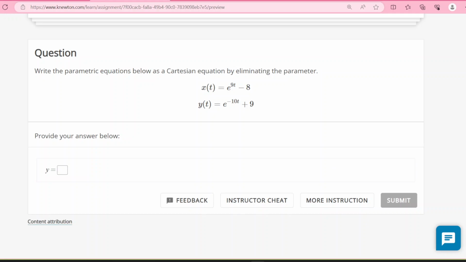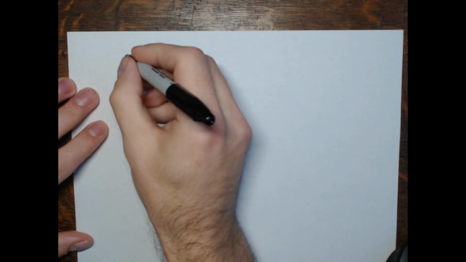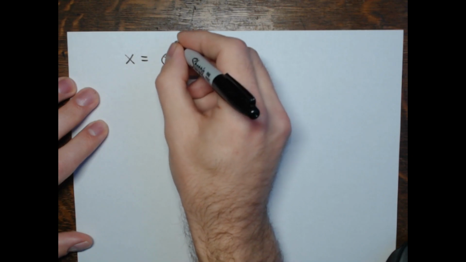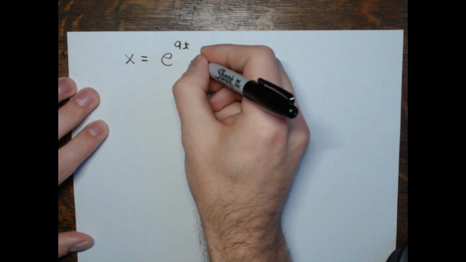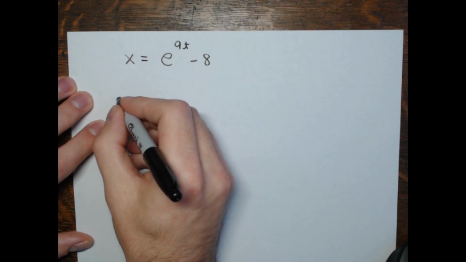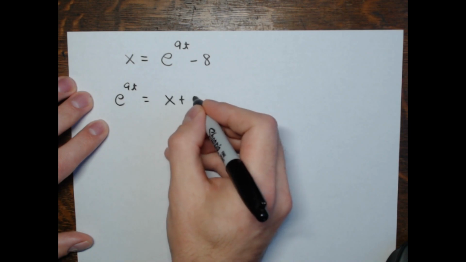So back here, you can do this a couple ways, and one of them is just solve for t in the x equation. We have x is e to the 9t minus 8. If I solve this for t, you'd have e to the 9t equals x plus 8.